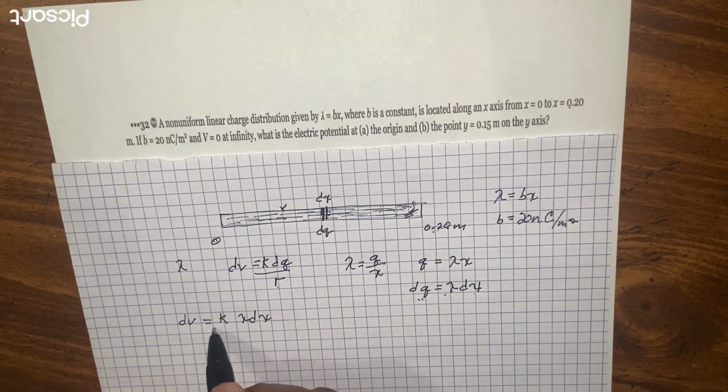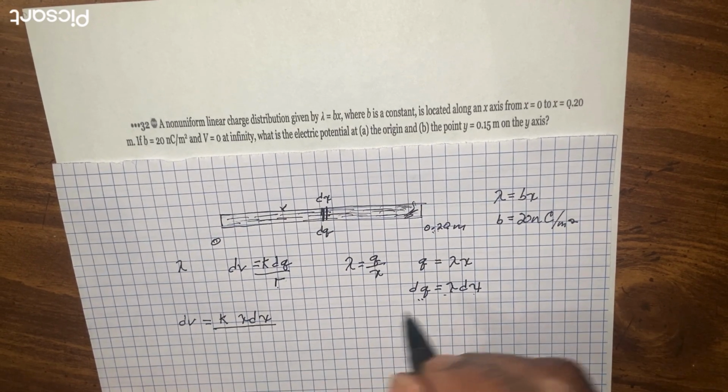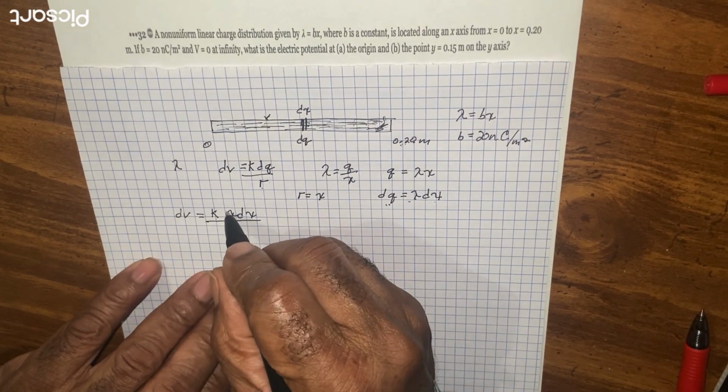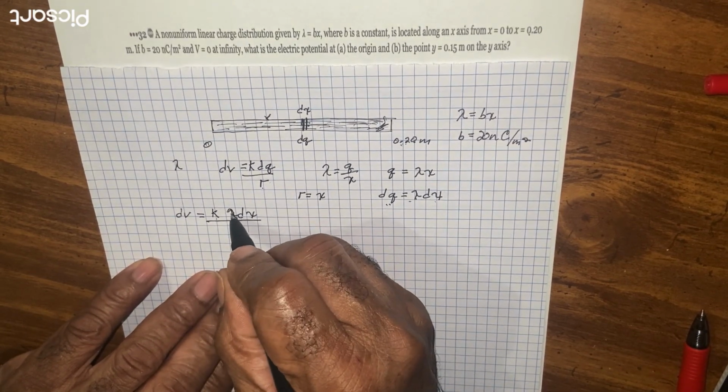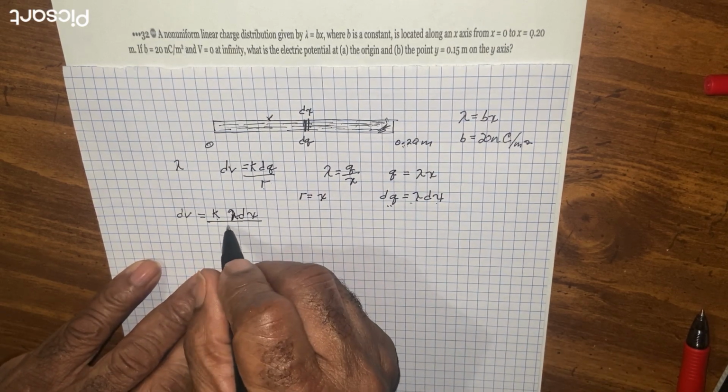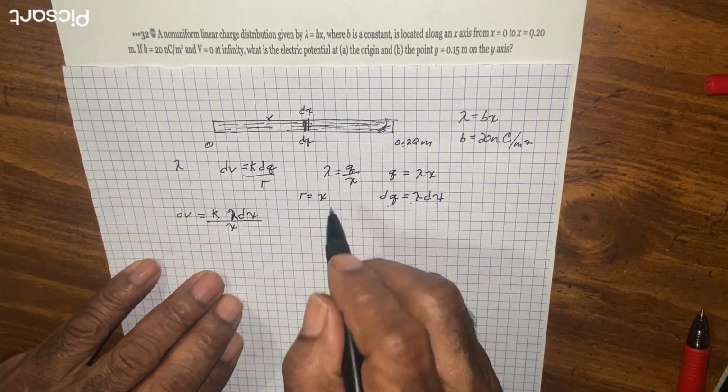So for R, let's just say R. I said Kx dx, that's how bad my lambda is. This is lambda. K lambda dx over x. R is equal to x.